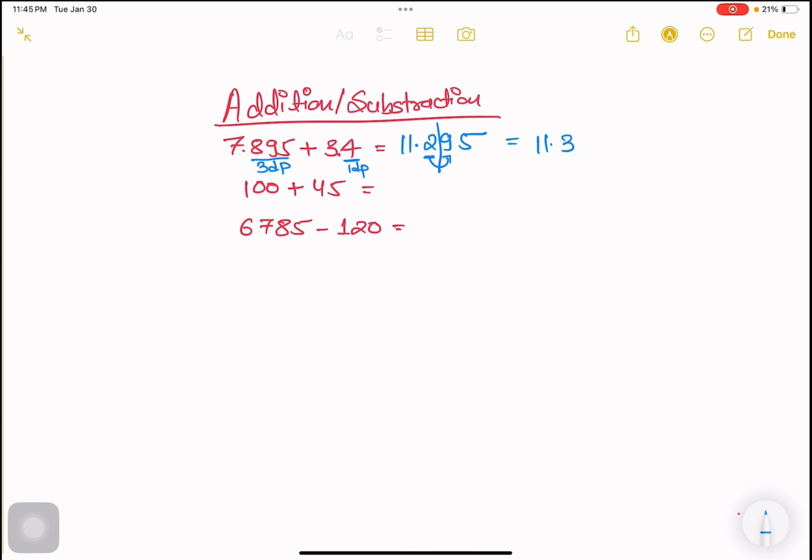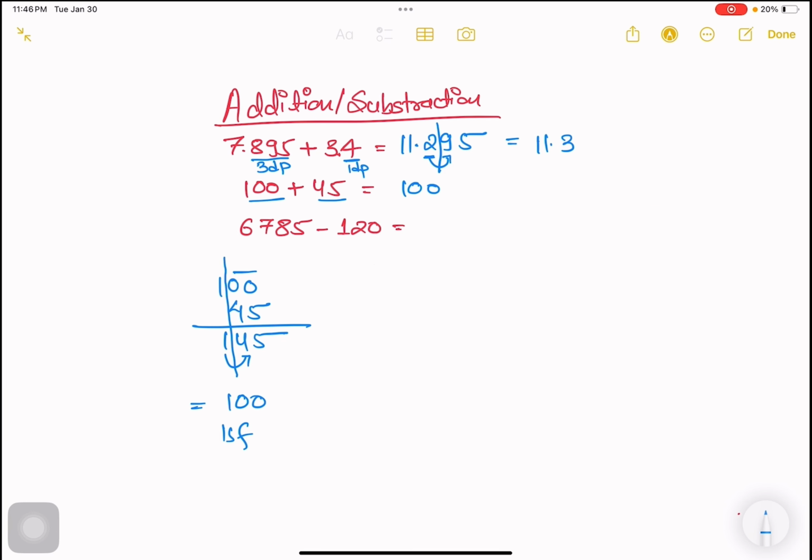Okay, so if there is no decimal point like this, what I will do is write them over here like this. So now these 2 zeros are not significant, so when I add, it will be 145. Because these 2 zeros are not significant, I will draw a line here. Okay, so the next number is 4, so it will be 100.